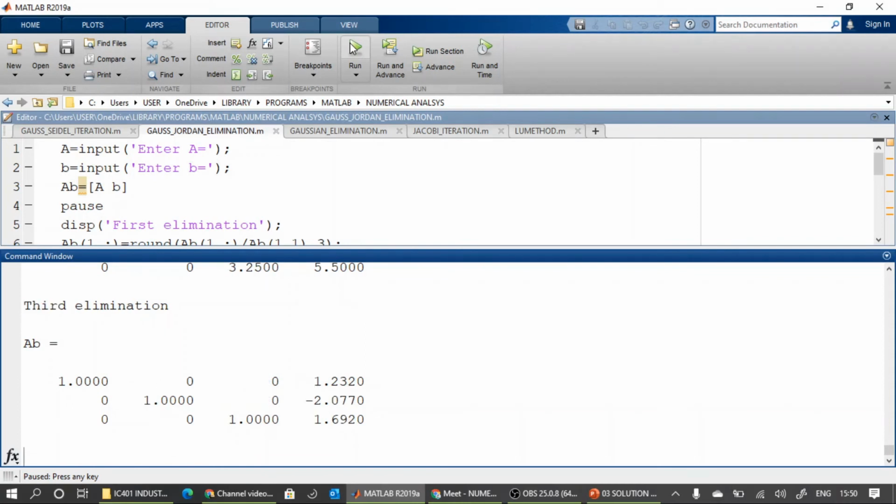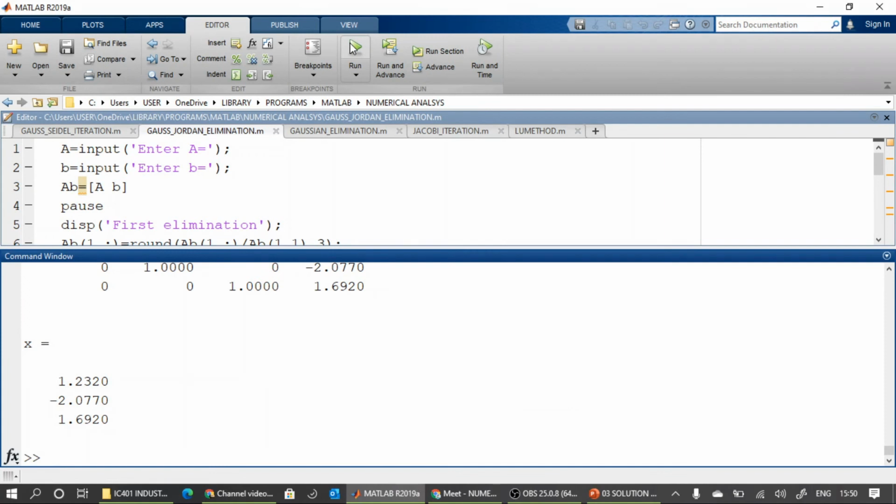This is after the third elimination. So this one is the solution: 1.232, minus 2.077, 1.692. We have to check what is B minus A into this x. We have to check that. So the error is small.